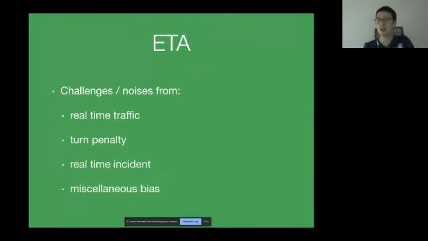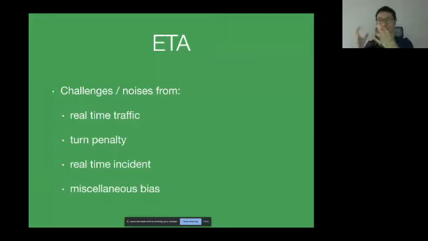Turn penalty means if a driver turns left here, even with a green light, how long does it take? Some drivers may only take 10 seconds. Some drivers are slower, may take 20 seconds. So all this noise is very hard for us to model into our system. There are also some other real-time incidents we cannot catch in our system.